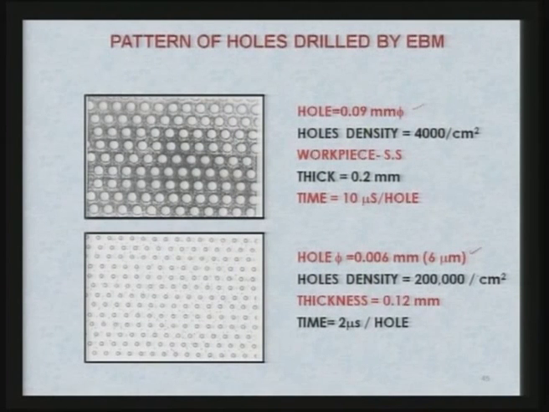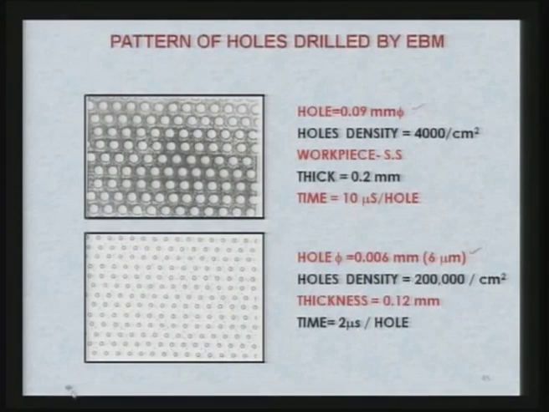You can see 200,000 holes per square centimeter they have been able to create in a sheet of just 120 micron thickness, and the time taken has substantially reduced compared to 90 micron size holes, and here the time taken is 2 microsecond per hole. So, you can see very specific applications of electron beam micro machining, especially in creating patterns or circular holes in stainless steel sheets, which are used for making filters.